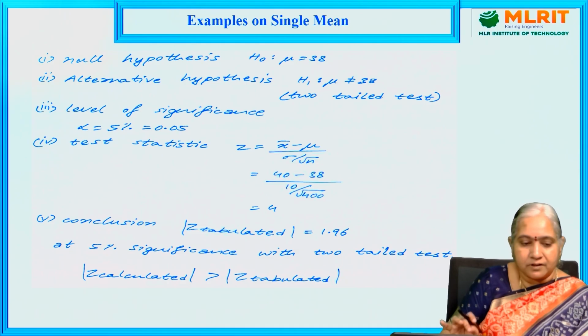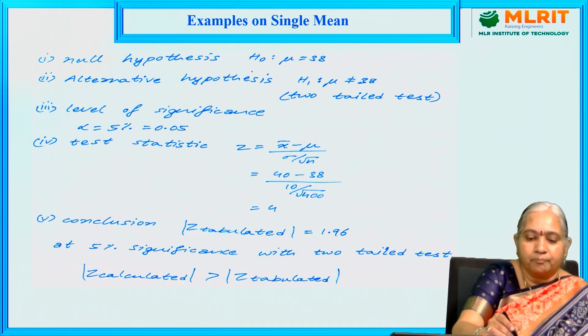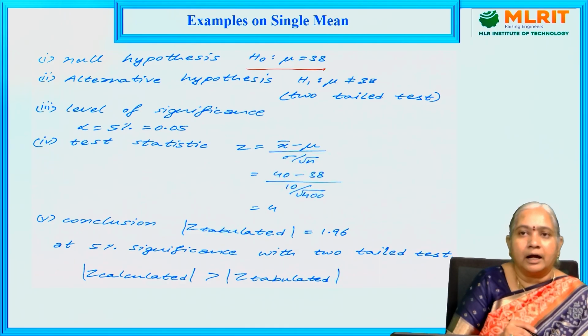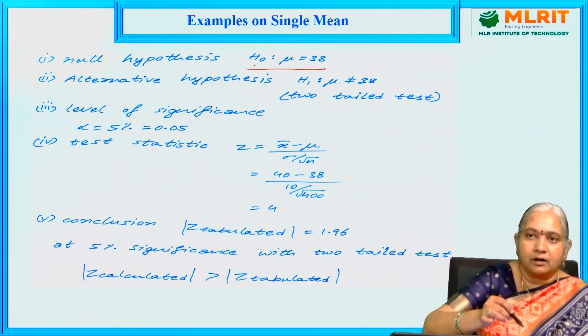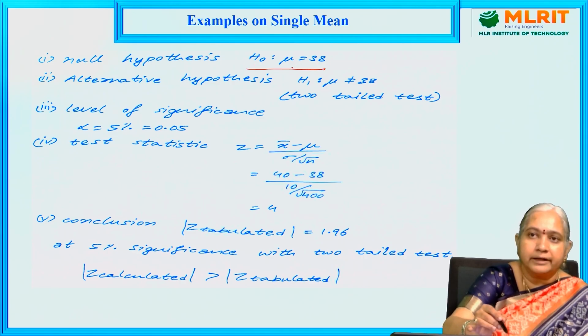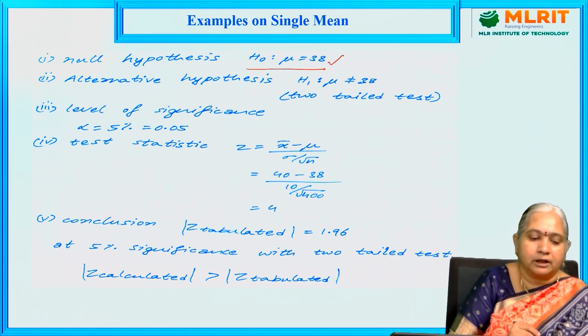Now, procedure. The first step, null hypothesis denoted by H0, is a claim about the population parameter. Here the parameter is the mean of the population, denoted by mu, which he claimed is 38. So mu equals 38.